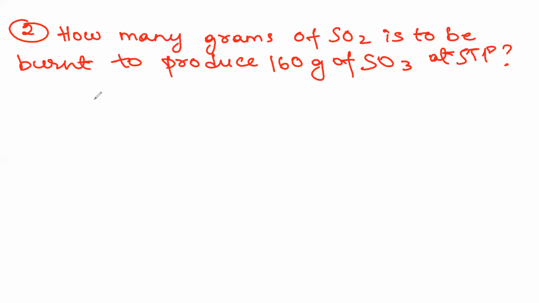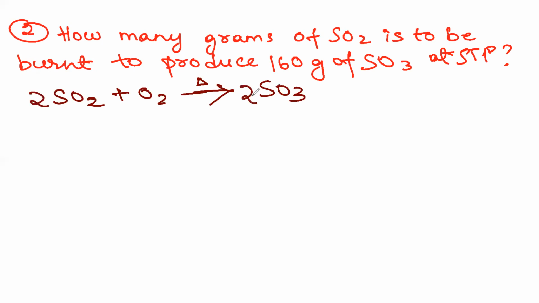So for this question, first write the balanced stoichiometric equation. SO2 plus O2 gives rise to SO3. The balanced equation is 2SO2 plus O2 gives rise to 2SO3. Now from the equation, we can say 2 moles of sulfur dioxide, burning with 1 mole of oxygen gas, gives 2 moles of sulfur trioxide.